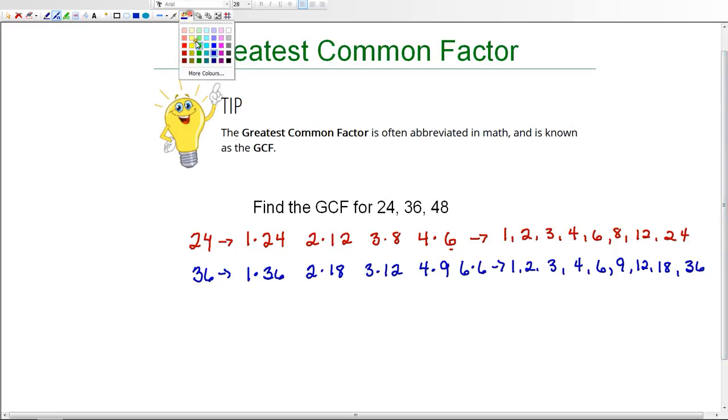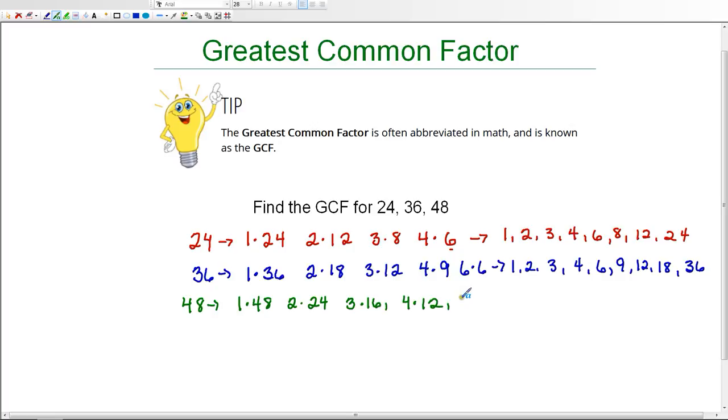Now we have 3 numbers, so we need to do this again. And this time we're going to find all the factors for 48, starting with 1 times 48. And then we know that 2 times 24 is 48, and 3 times 16 is 48. 4 times 12 is 48.